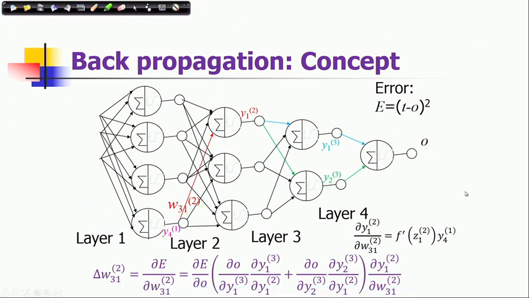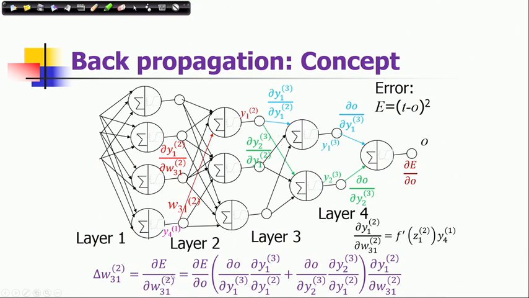So, here we are computing delta E delta O, then delta O delta y13, delta O delta yt3, then delta y13 delta y12, delta yt3 delta y12 and delta y12 delta w312. And the relationship for computing it is delta E delta O, and then delta O delta y13 and delta y13 delta y12, plus this into this, because this is getting distributed here.